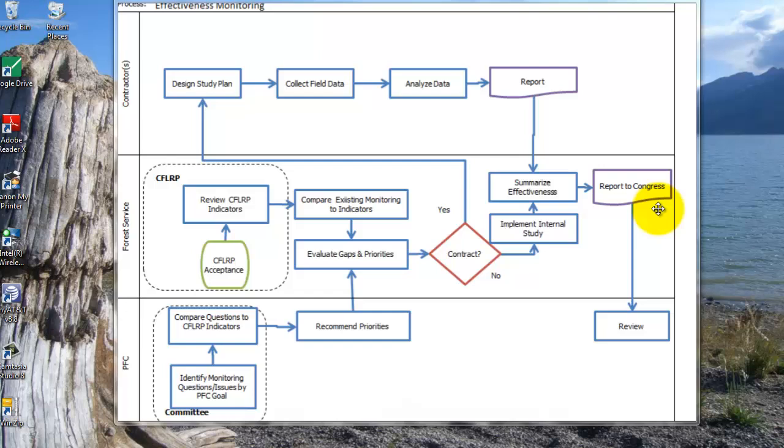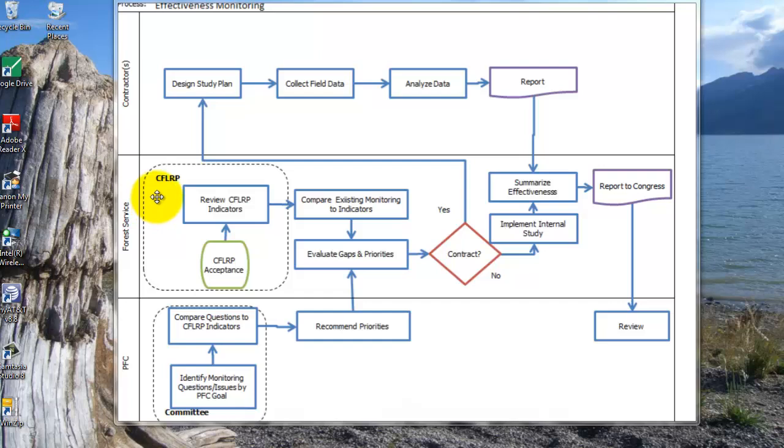The first one, again part of the CFLRP, is scheduled for fiscal year 14, and then the schedule varies, but it's roughly 3 years apart. This type of monitoring extends to 15 years after the first year of project implementation. So over on the right-hand side for the Forest Service, I've included a symbol for the report to Congress.